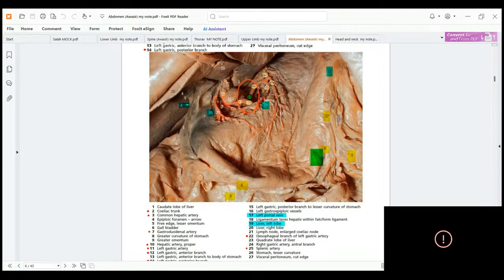Head and neck was the last. Two is the lesser curvature. Three is the celiac trunk.